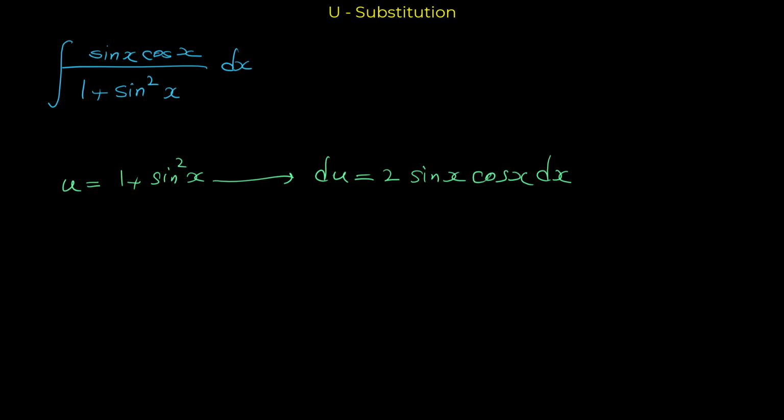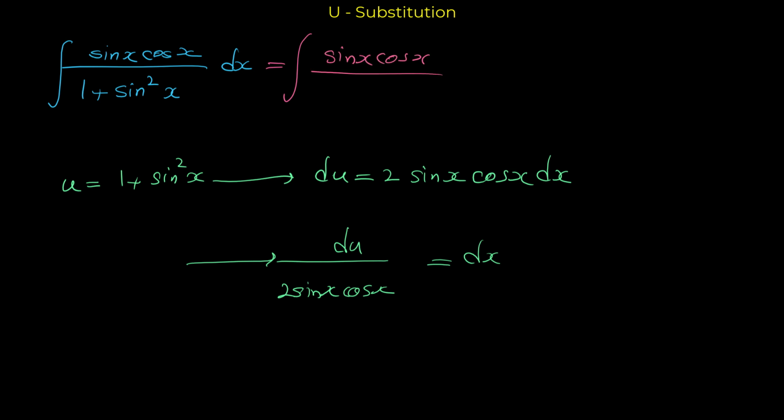Now when we look at the numerator, we notice that we almost have this in the numerator. So this shows that our substitution is right. Now let's solve this for dx. dx would be du over 2 sine x cosine x. Now let's apply the substitution. 1 plus sine squared x is u, and dx is du over 2 sine x cosine x.